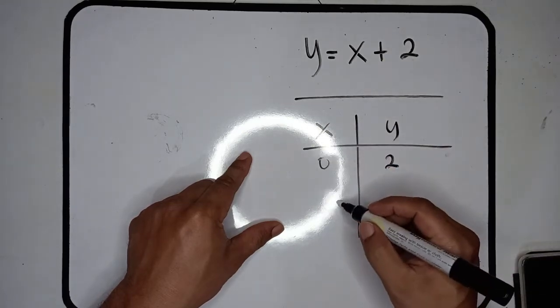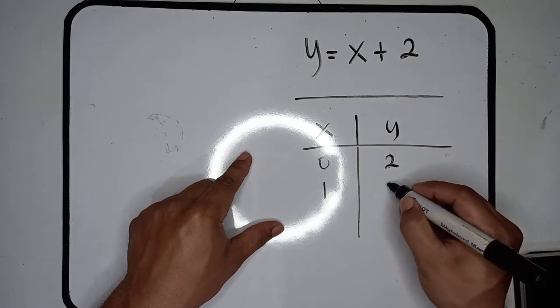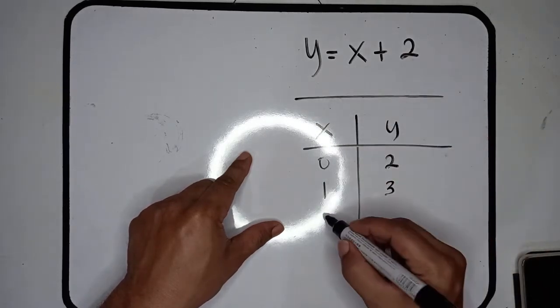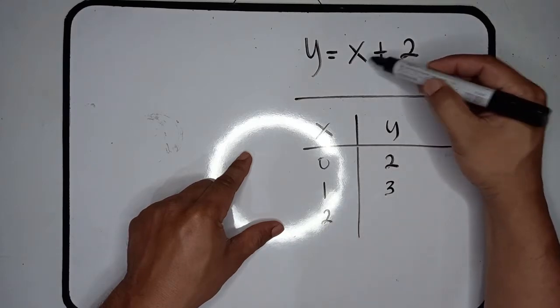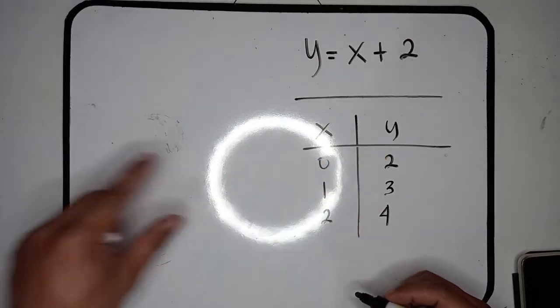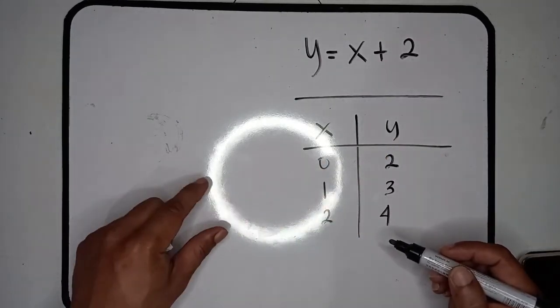If we give our x a value of 1, then 1 plus 2, this will give us 3. And then if you're going to give a value of 2 for our x, then 2 plus 2, this becomes 4. Now we can plot these pairs of points.